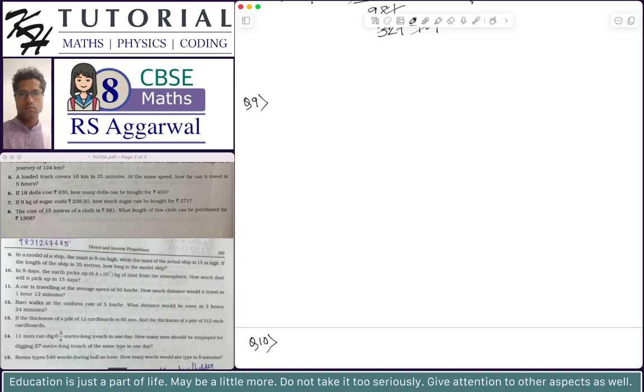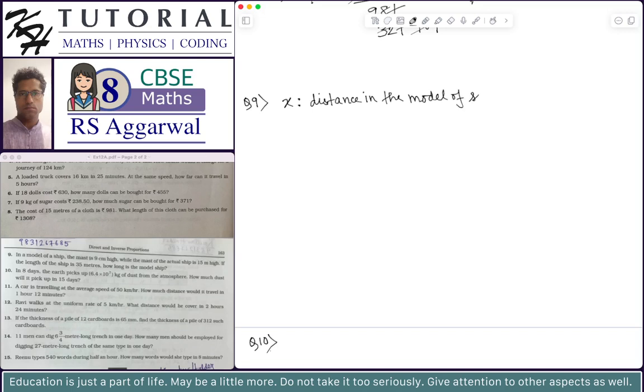Or you can say that the dimensions of the model of the ship and the dimensions of the actual ship are in direct proportion. So the two quantities which are in direct proportion: let x be the distance in the model of the ship.